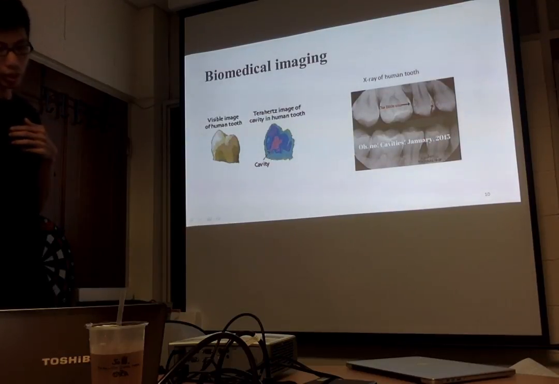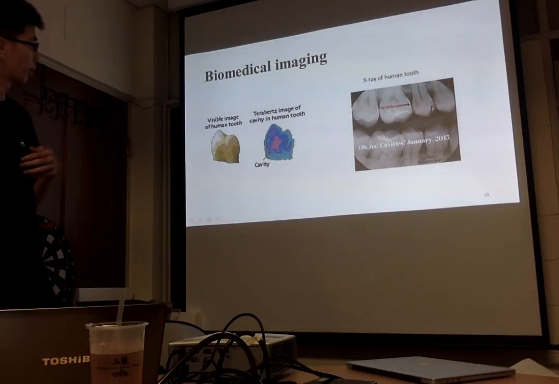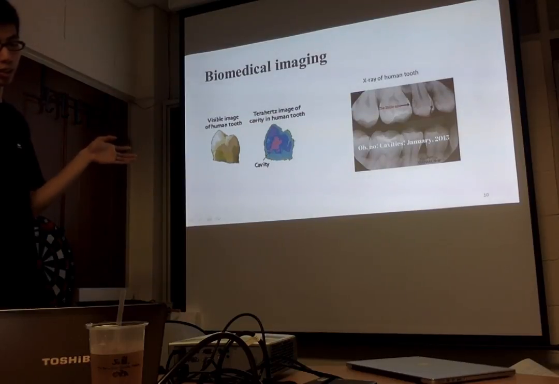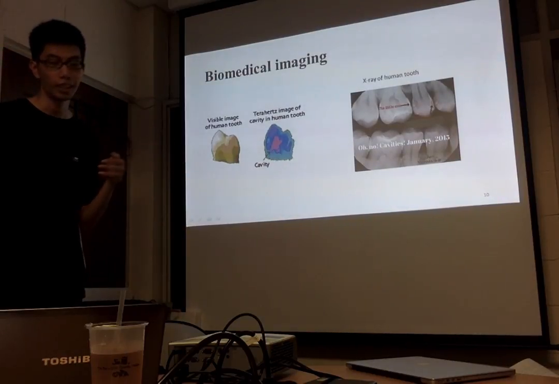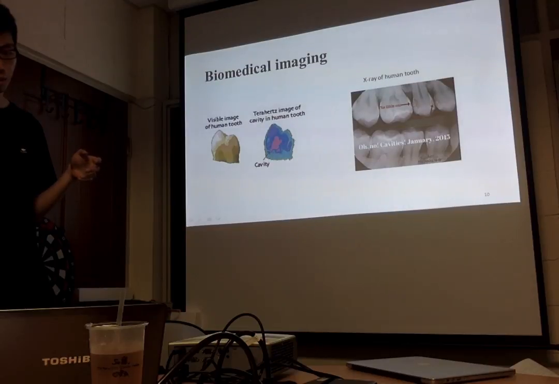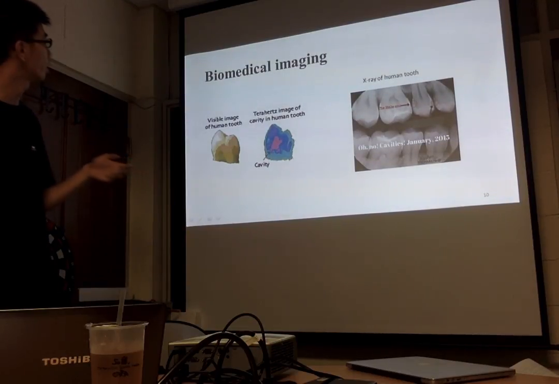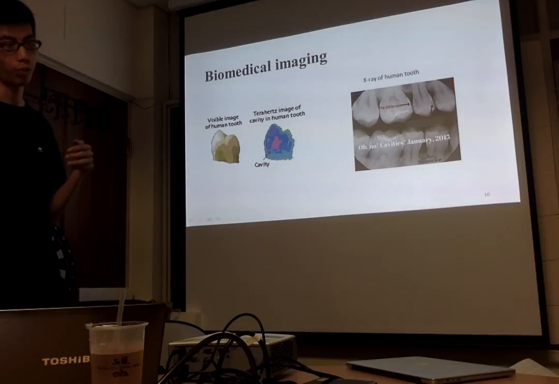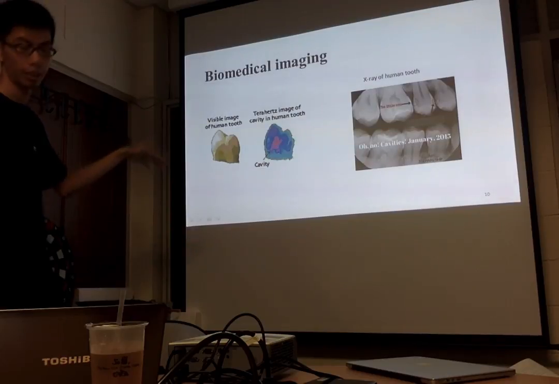Imaging: TeraView is a company that does terahertz pulse imaging. TeraView is able to distinguish between different types of tissue in the human tooth.